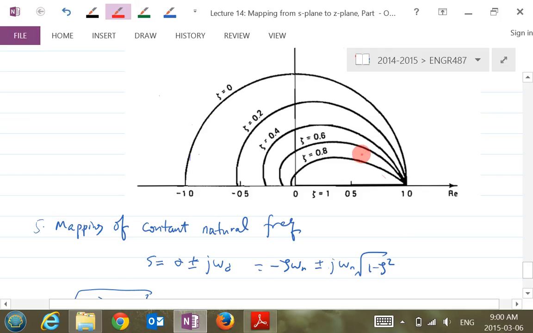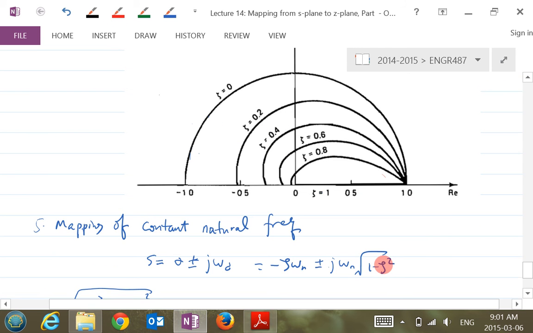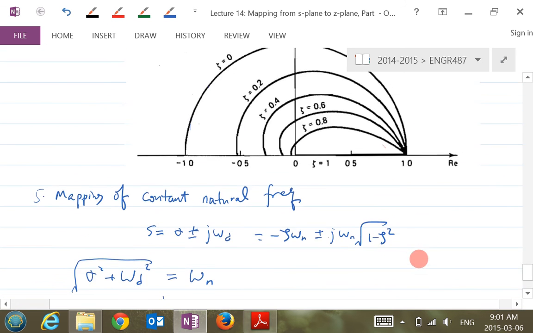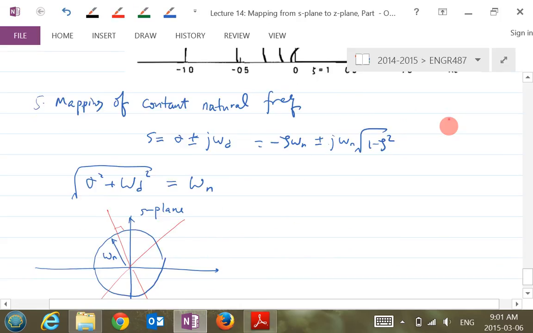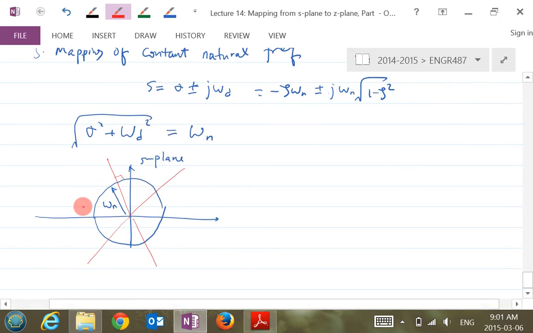So how can I draw this omega n here? Maybe I draw at this location a curve perpendicular to this, and at this location draw another part of the curve perpendicular to this. You connect all of these, so you will have a curve perpendicular to each one of these constant damping ratio lines. And that curve is the mapped one for this. Does that make sense?